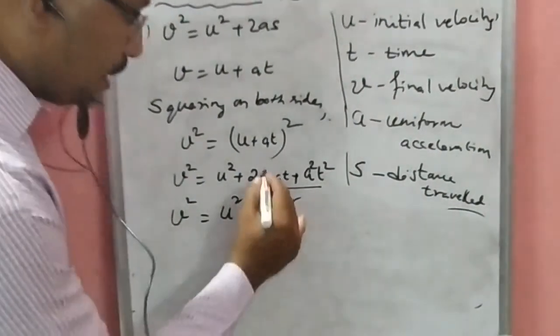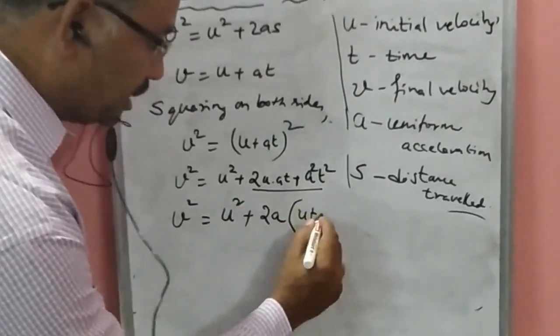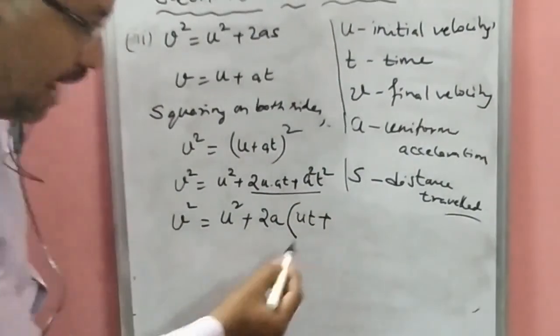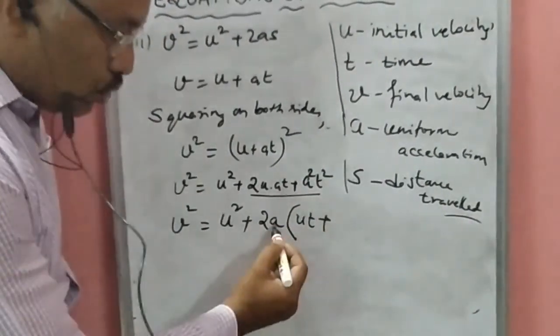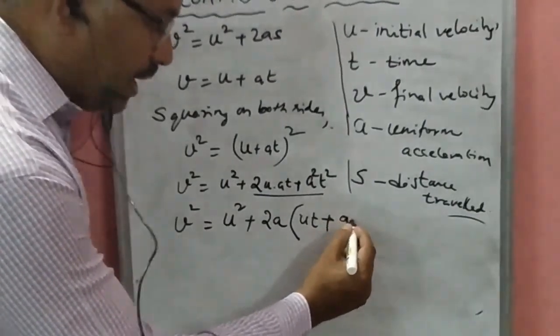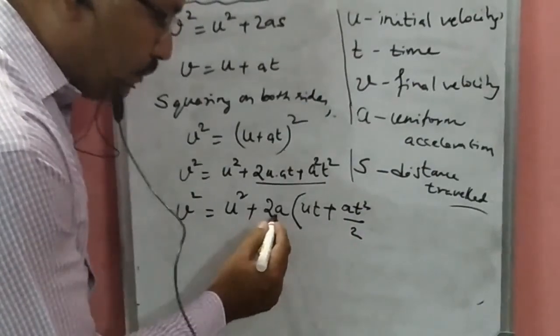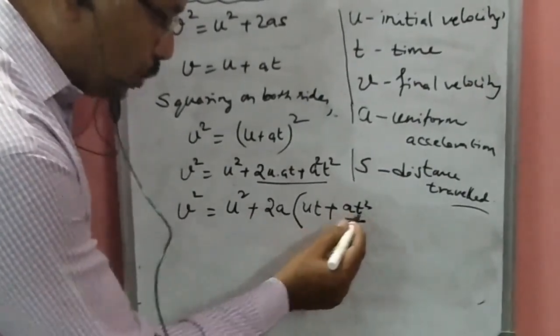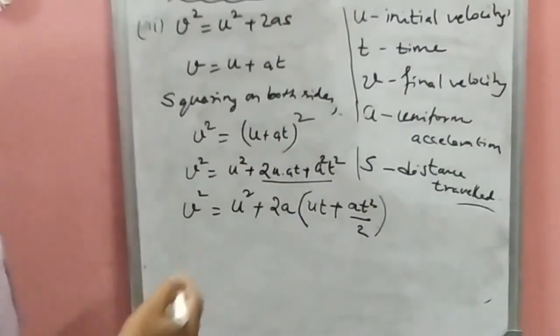So 2a into the remaining things, which are u·t, plus, now I have to get a²t². If I multiply with some term, it should come as a²t². So I am multiplying by at²/2. If you multiply a into a²t², the 2 will be cancelled, so you will get a²t².